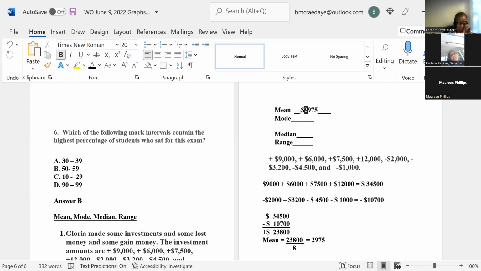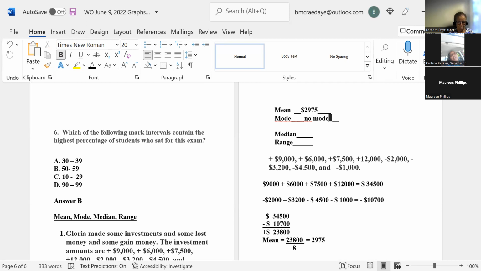Is there a number that appears more than any of the others? No. So what's the mode? No mode. Very good. There's no mode, right? Because they all appear one time.